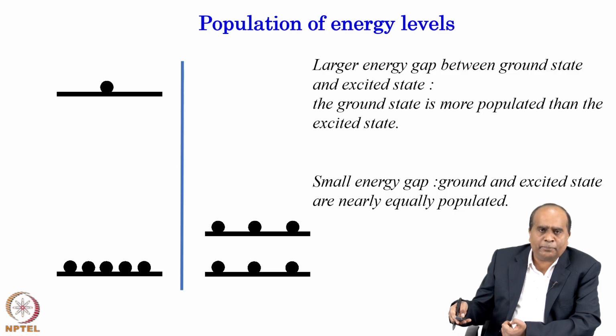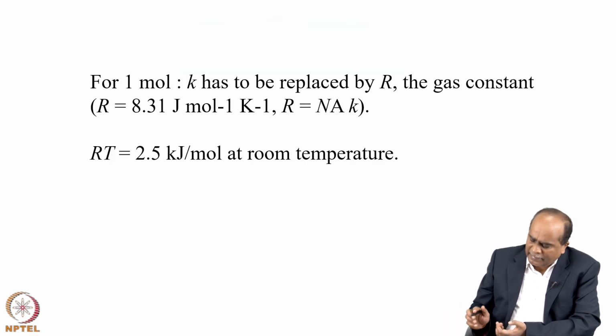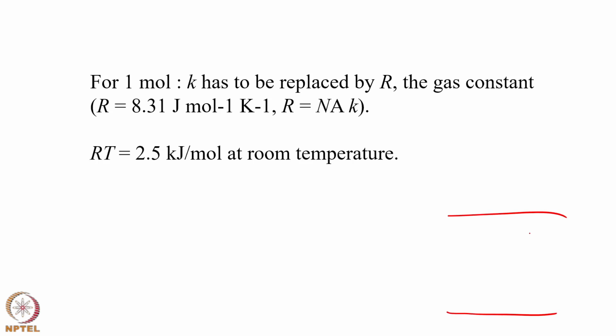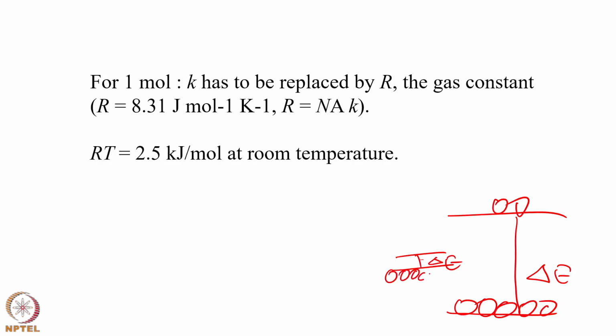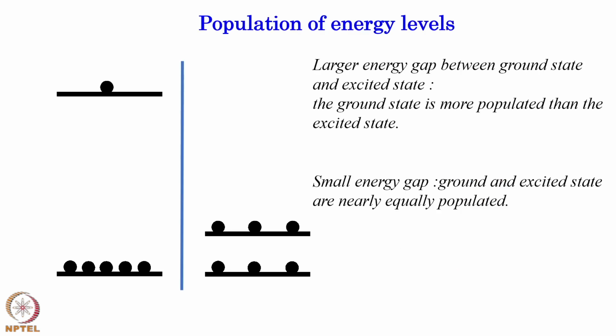If we put in all these numbers, here is our electronic spin with its delta E, and this is our nuclear spin with its delta E. Here, if I have 5 particles in the ground state, there can be 2 particles in the excited state, but for nuclear spin, if there are 5 or 6 particles in one state, there will be about 5 in the other, not much difference, right. Therefore, in the electronic state, because of this population difference, sensitivity is going to be more compared to the nuclear spin, and we are going to understand this concept more as we move further, right.